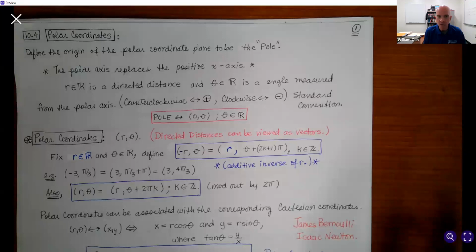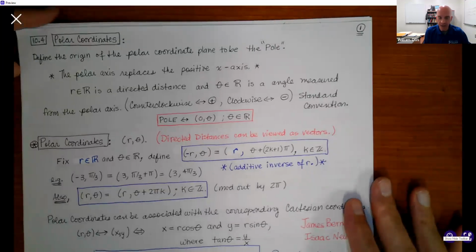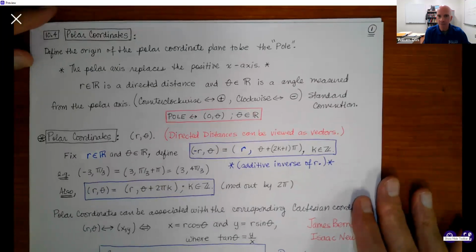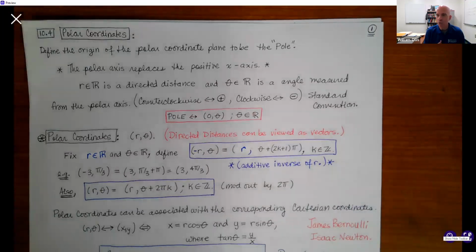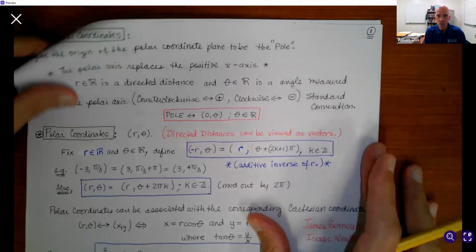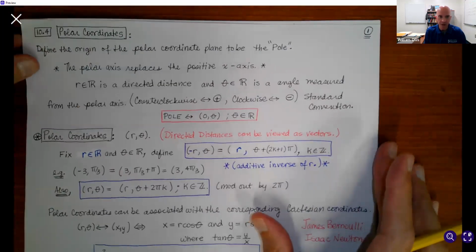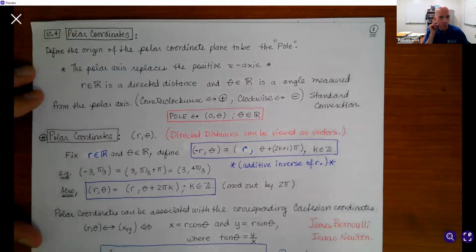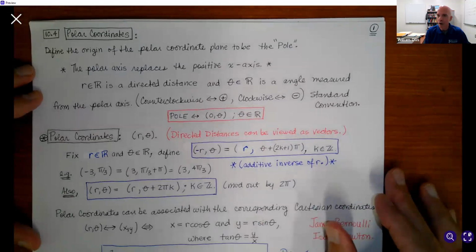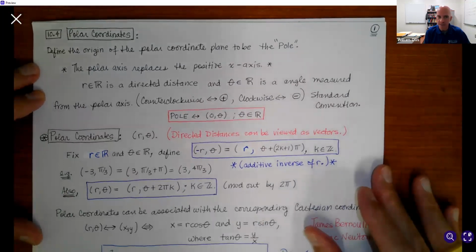The main thing with polar coordinates that we find to be a little bit different is just the fact that when we talk about polar coordinates, we have a distance r, which will be directed, and that will make us think more like vectors. So for those of you that have plenty of background in physics, I think this won't be a problem. And even if you don't, it will certainly pay off as you do take more physics.